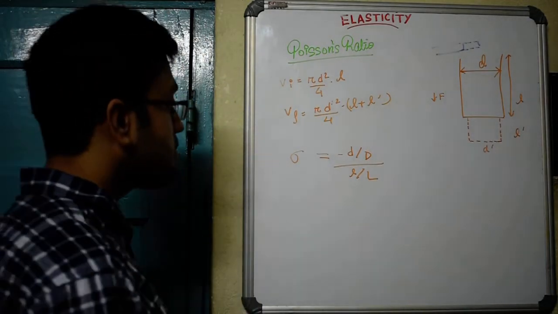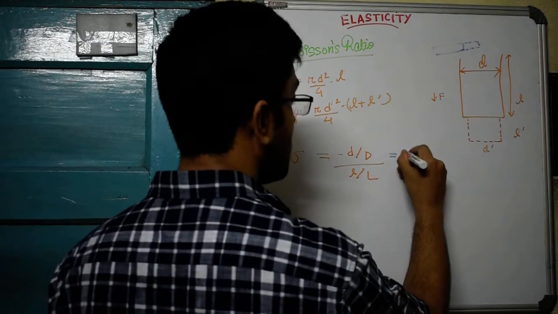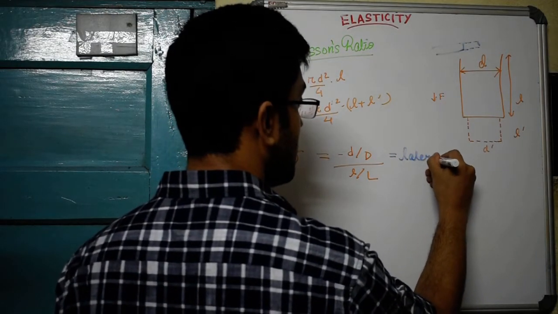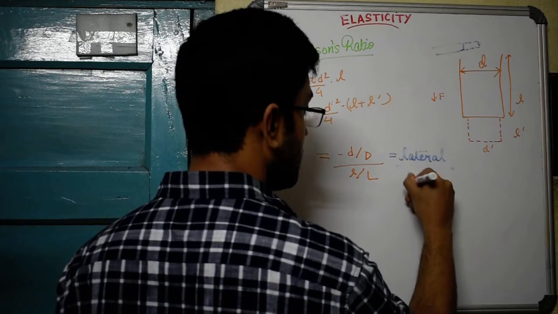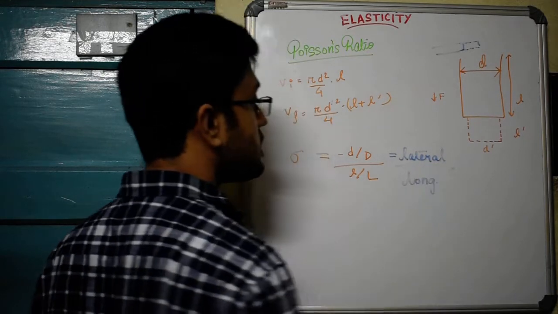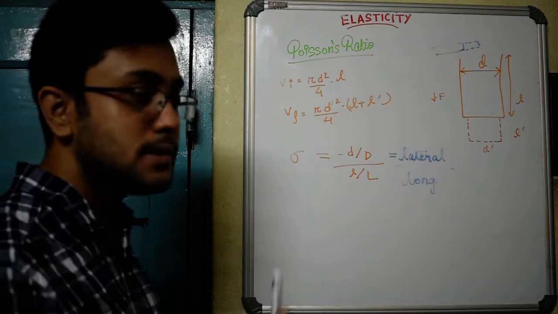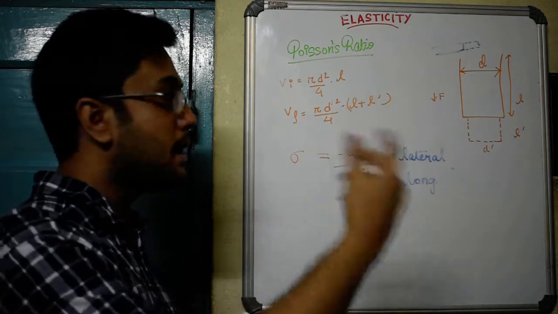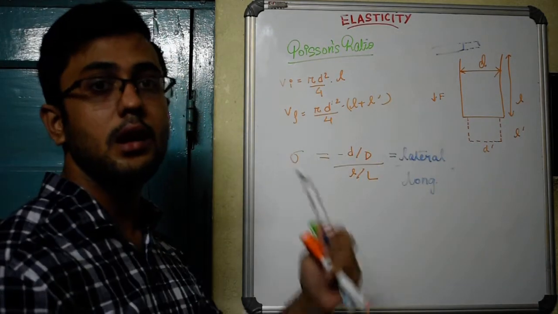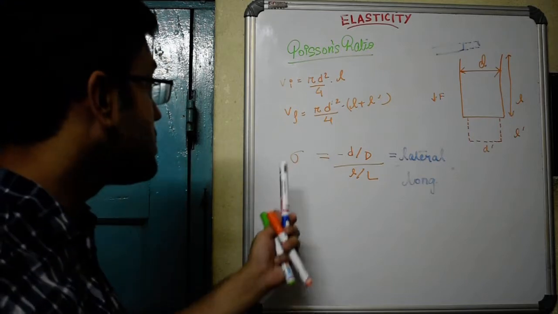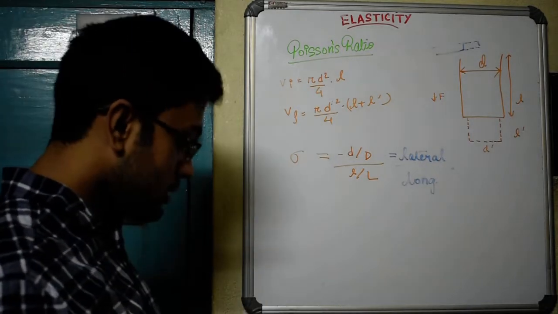So Poisson's ratio is defined as the ratio of lateral strain to longitudinal strain. What is the strain in the lateral direction as compared to what is the strain in the longitudinal direction? This is known as the Poisson's ratio.